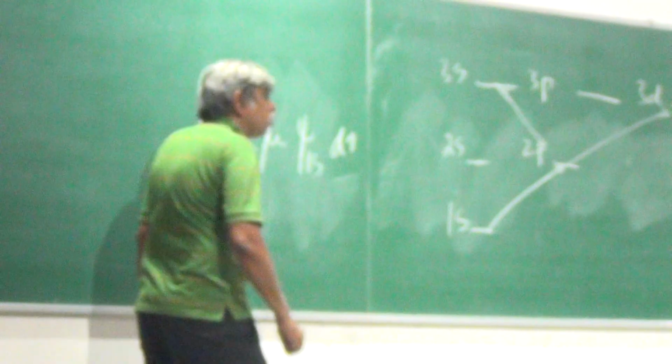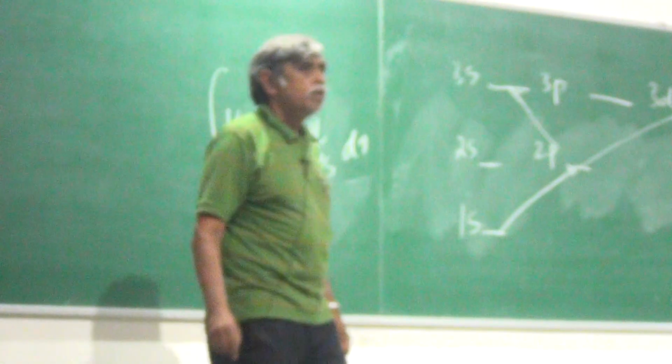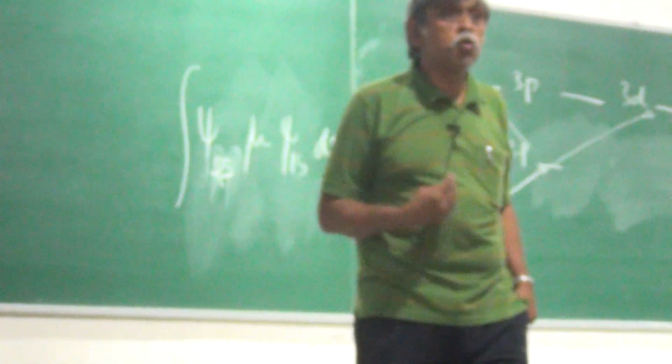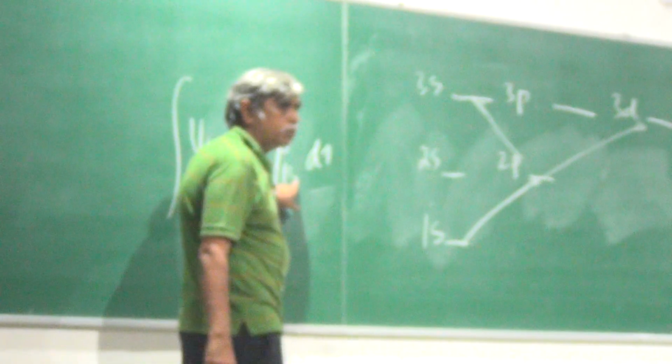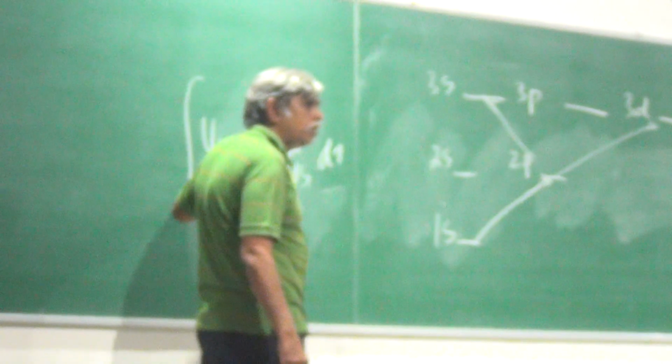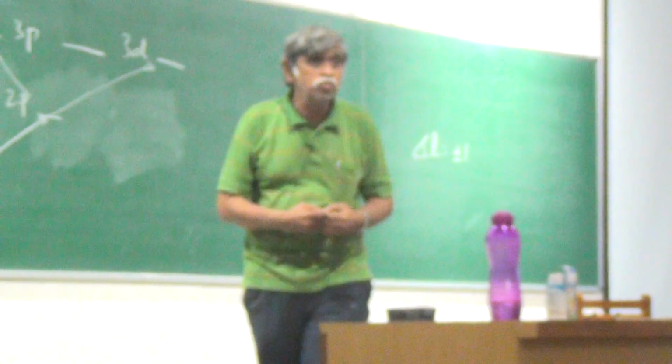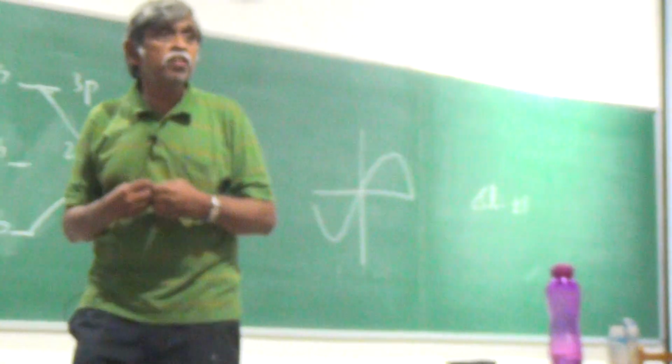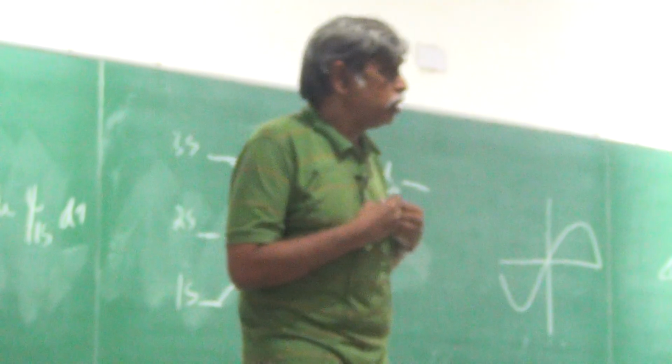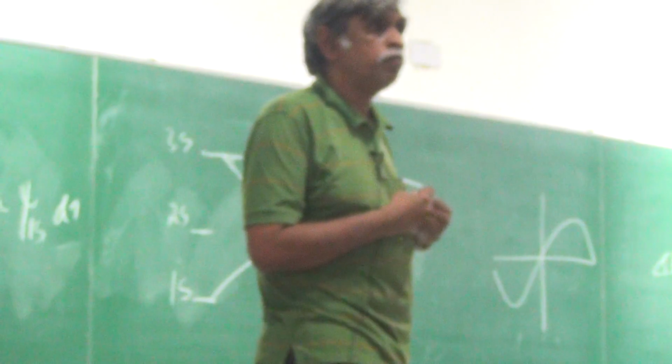However, I'm trying to make a transition from 1s to 2s. What will happen? Symmetric into symmetric is symmetric, into this is anti-symmetric, the whole integral is anti-symmetric, looks like this, therefore the integral vanishes. Therefore you can simply use symmetry arguments to decide whether this integral is going to go to 0 or doesn't necessarily have to be 0.